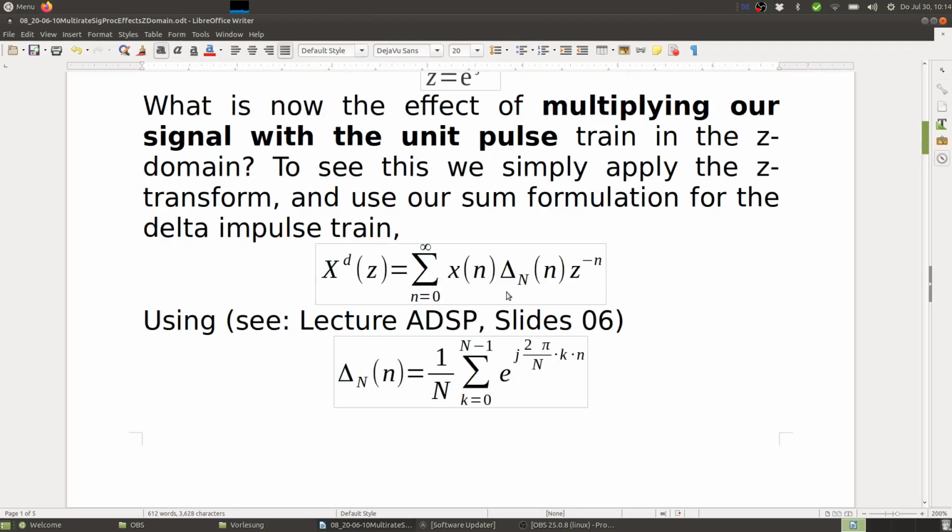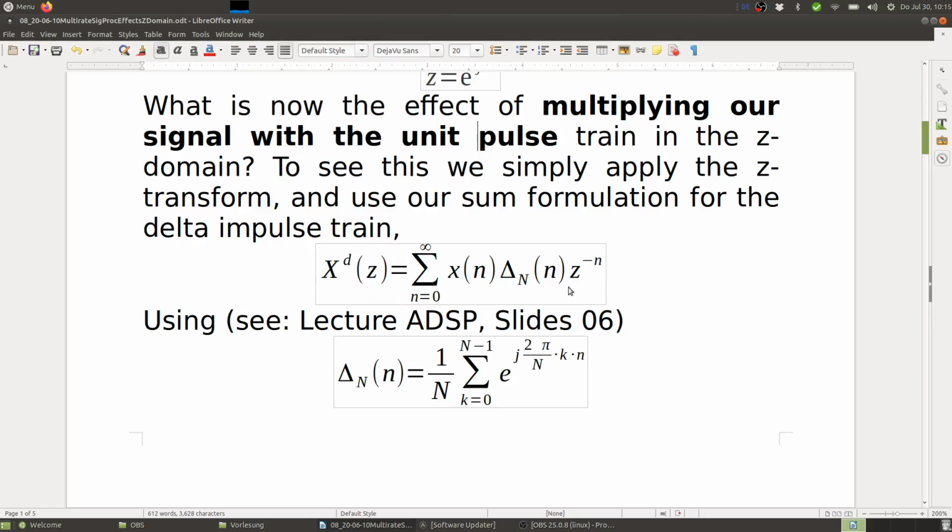So here we can see it. Here, instead of just having x, we have x times our unit pulse train, where we just keep the samples on the new sampling grid and zeros in between, and then we have it in this Z-transform, where we have the sum and the z to the minus n.